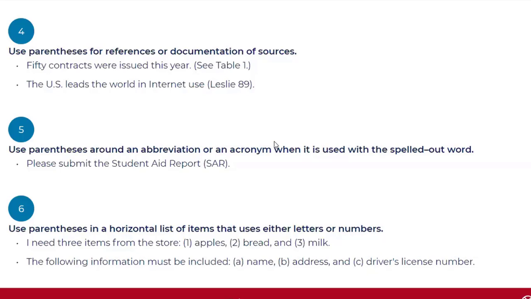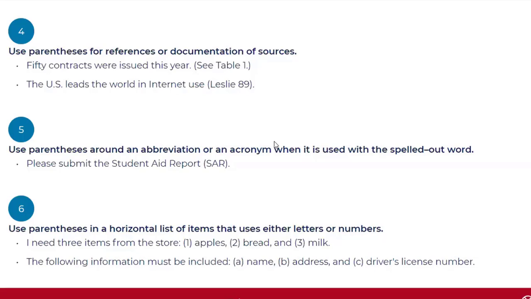Sometimes when you are giving references or documentation of sources, this is related to reports and research papers. Once you are writing something and keeping a source, for example, 50 contracts were issued this year, this is information.